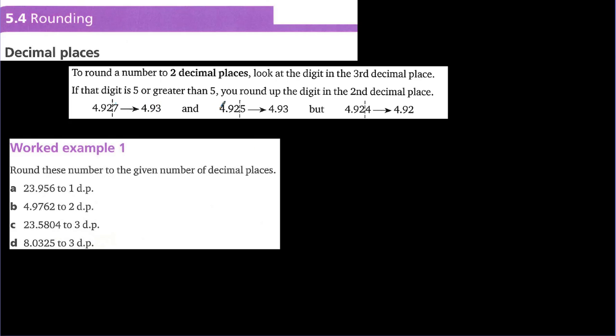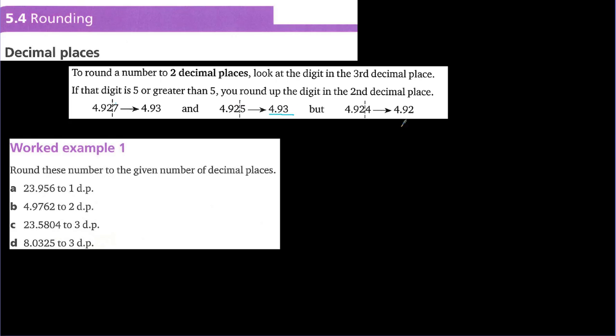The second one, 4.925. Of course you can round this one up because of the rule, 5 or greater than 5, so it is 5. You can write 4.93.